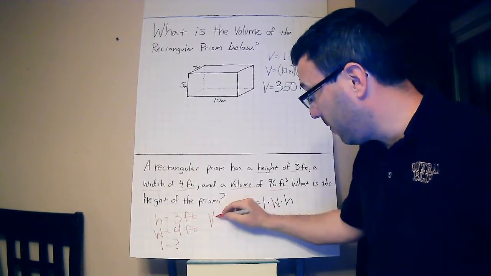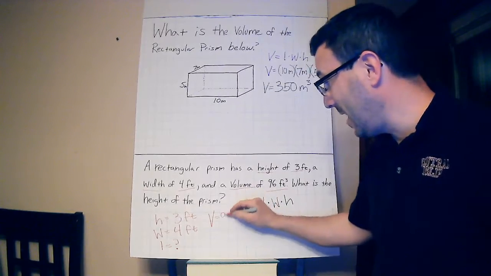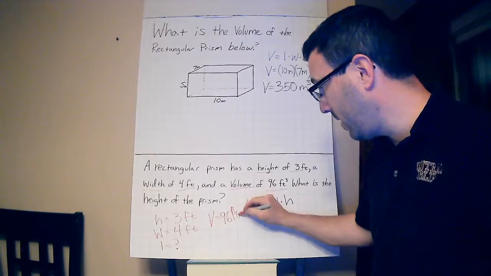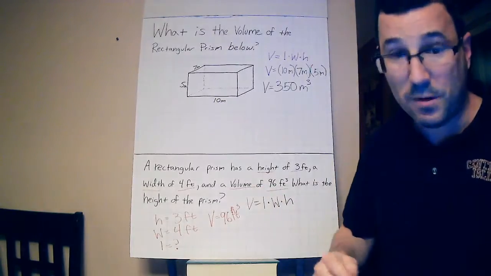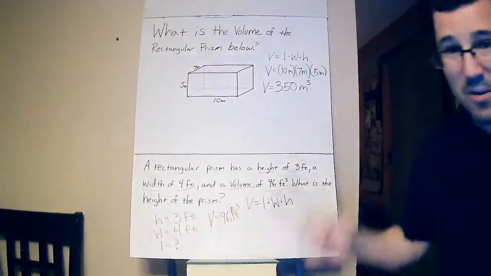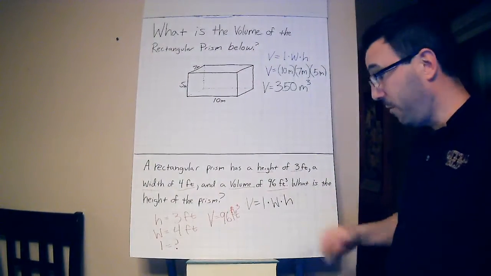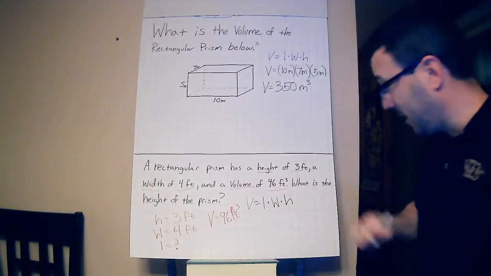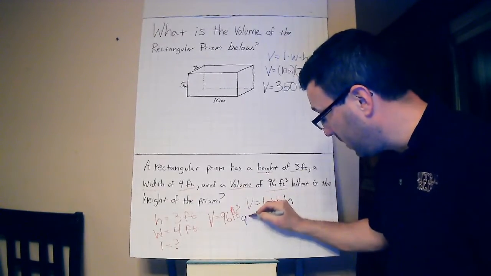And the volume is 96 feet cubed, 96 cubic feet. So now what we're going to do is plug in what we know to the formula. Well, I know the volume, they told me it's 96. I'm going to write that in here, 96.